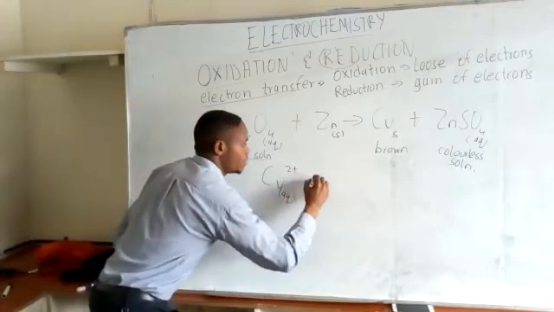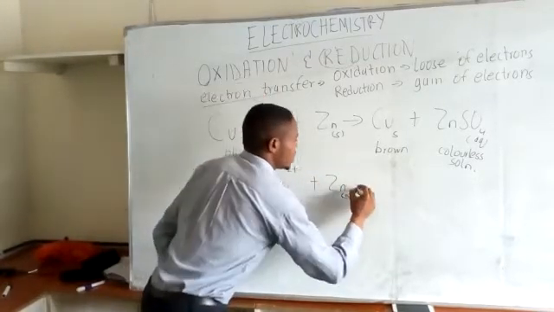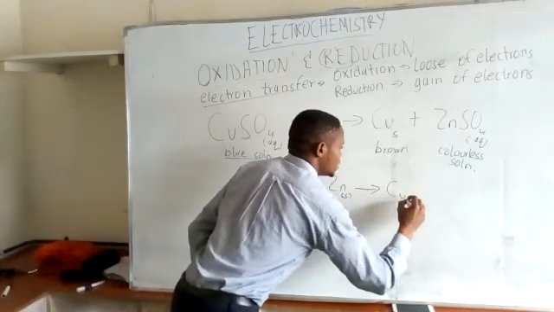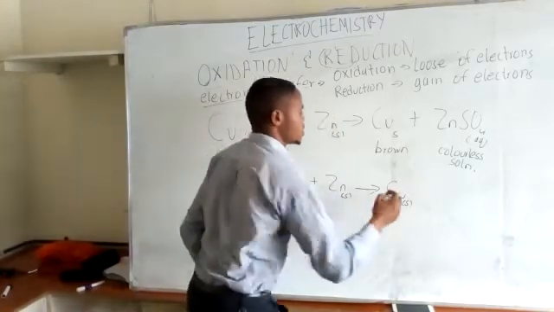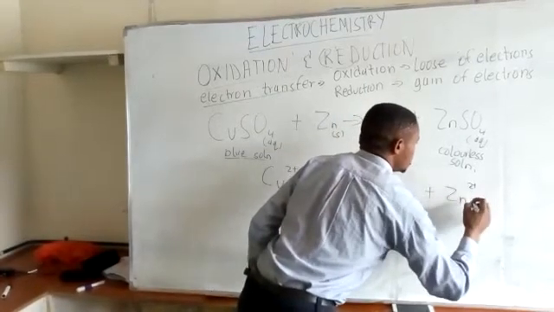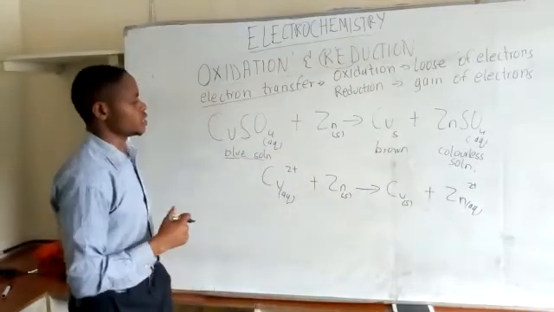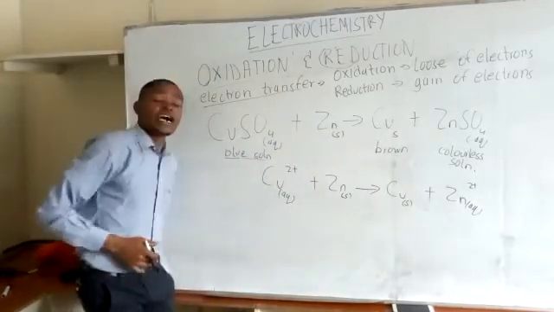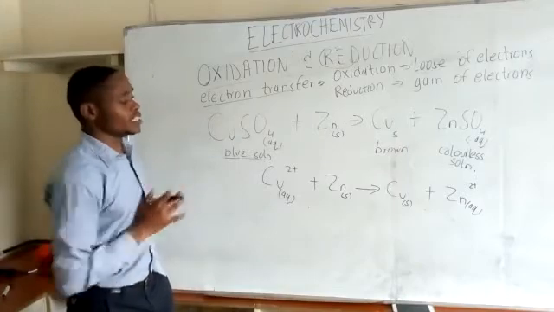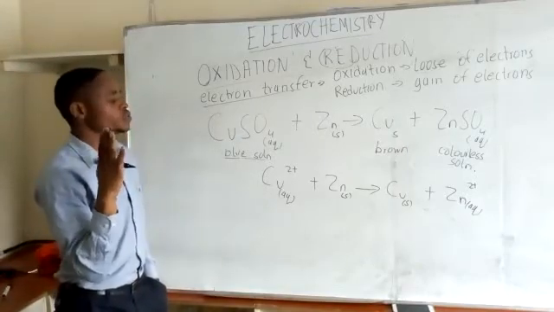So copper ion plus zinc solid should give us copper solid. It has been displaced. Then zinc has gone into solution. So this is our ionic equation. From this, we can see there are two major changes that have occurred.